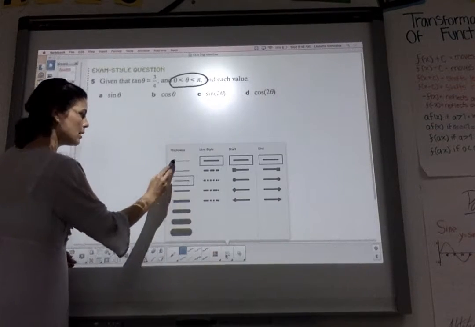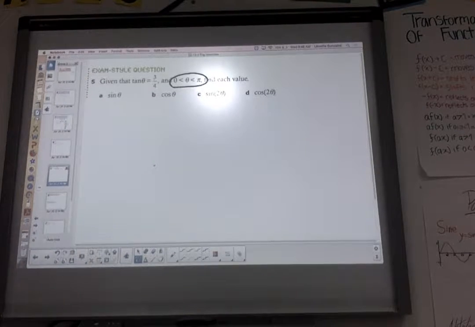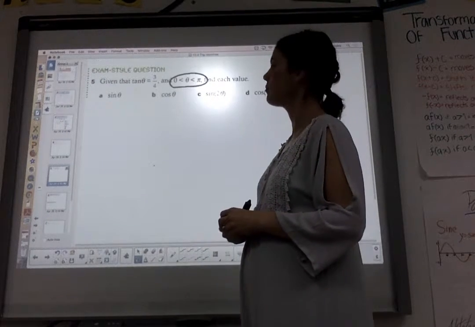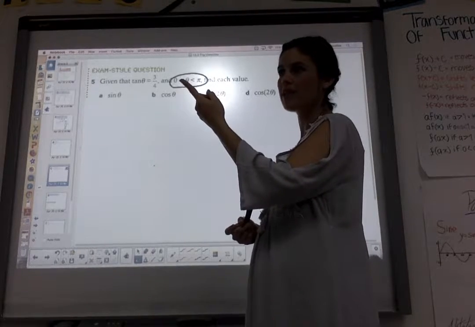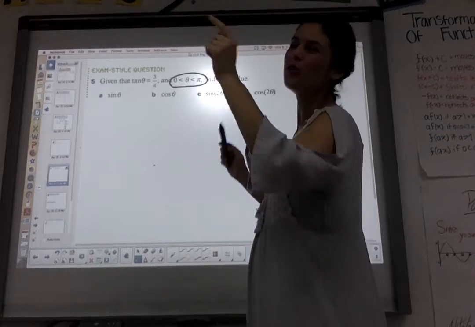Wouldn't we know, since tan is positive? It's positive in the first quadrant, but negative in the second. Exactly. Good one.